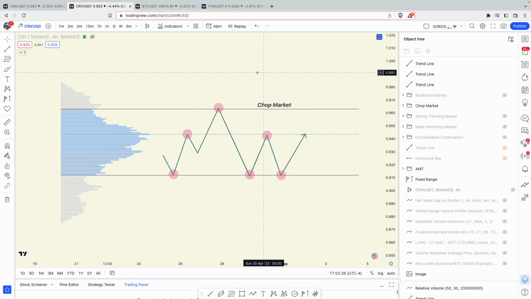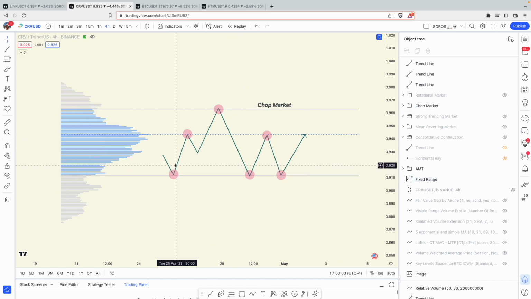Then you have a chop market, where basically you're already within the value area and you're chopping between the three pivot points, which are the value area low, point of control, and value area high. Once you get acceptance above point of control, you're targeting the value area high. And unless you can get a successful auction above the value area high, then you're likely going to come back and test the point of control or the value area low.